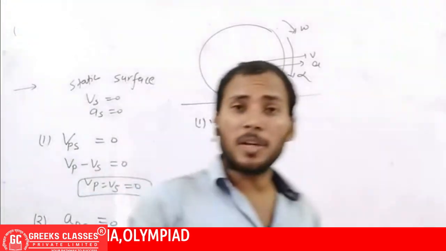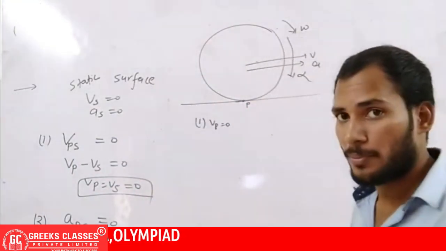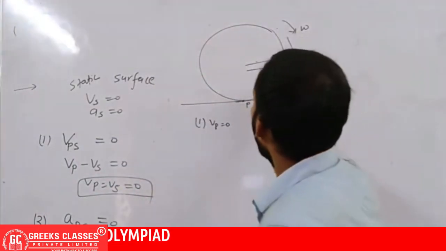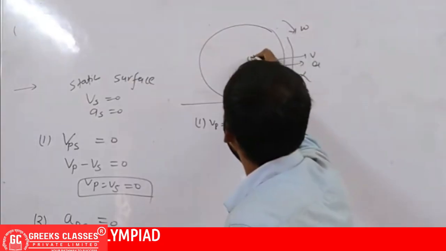Now we are going to find the velocity of point P. How will we find it? See, this is the center of mass.